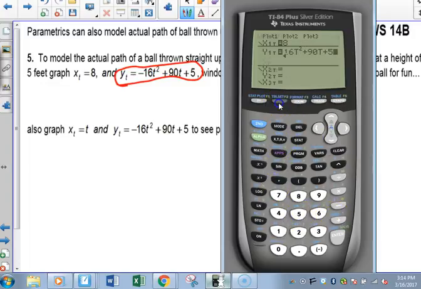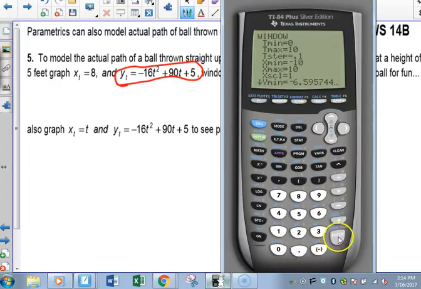So this is what happens. What does it say to put the window to, guys? Okay, I'm actually going to go -50 to 200 so I can see this.